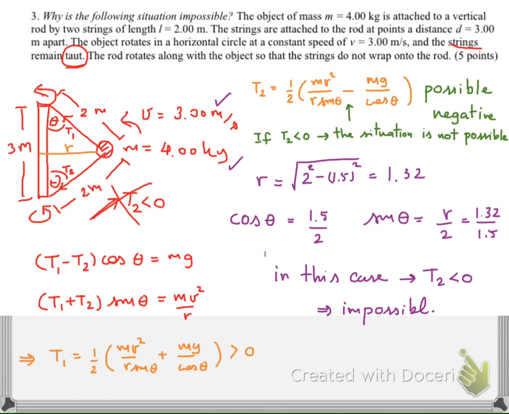The impossible here means that in the problem they say that the string remains taut, so the tension has to be positive. So if you find that T2 is less than 0, that is impossible.